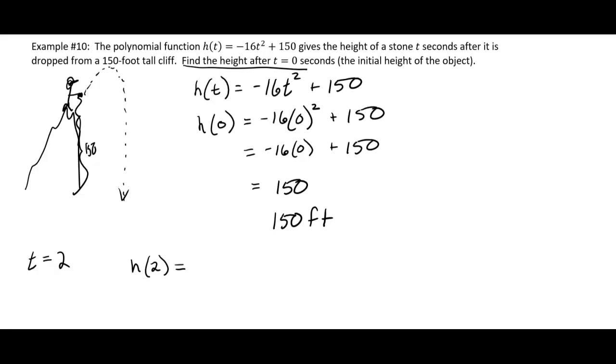So I'm extending this problem to give you a little more experience with what it's talking about. So if t is 2, 2 seconds have gone by, then we can figure out where the rock is. Okay, so negative 16 times 4 plus 150. Now I say where the rock is, how high off the ground it is.